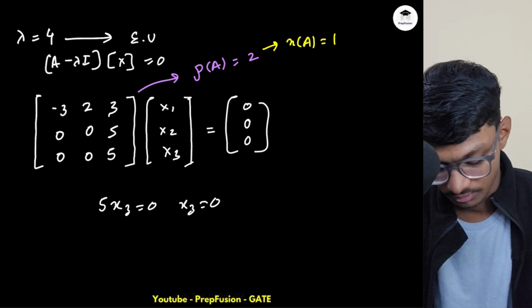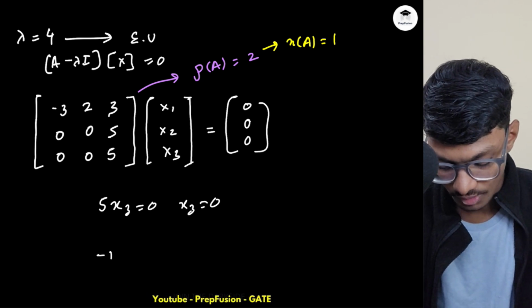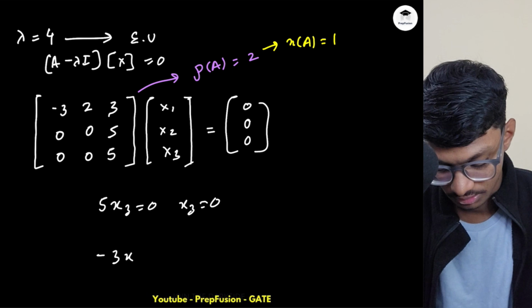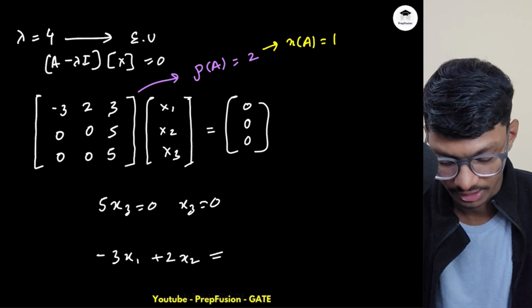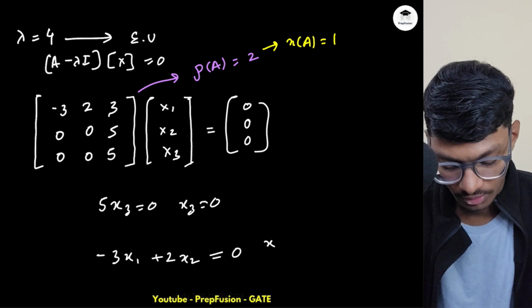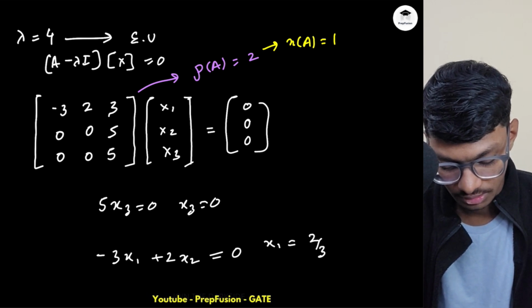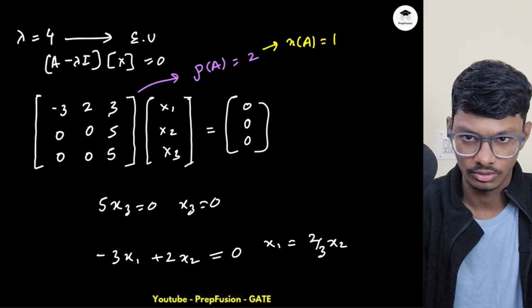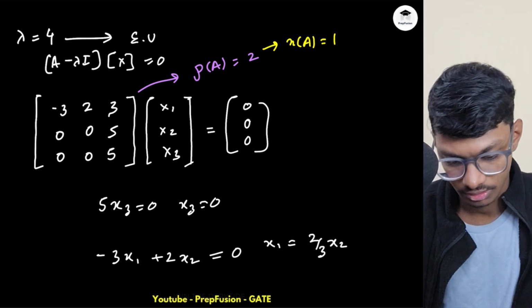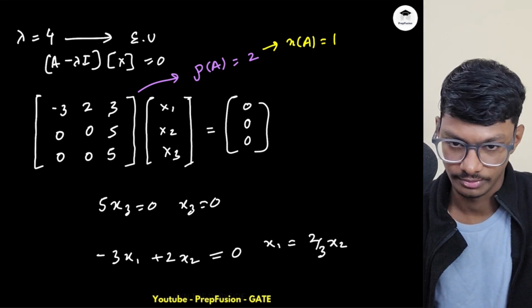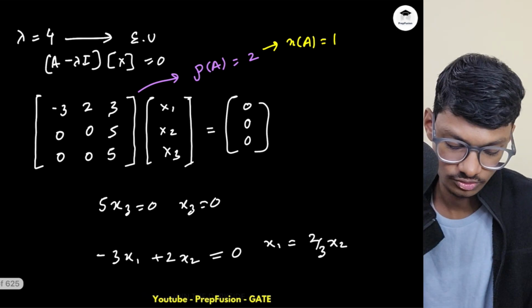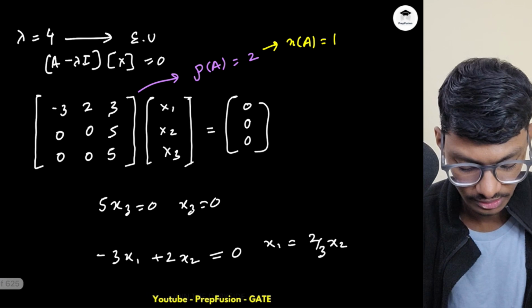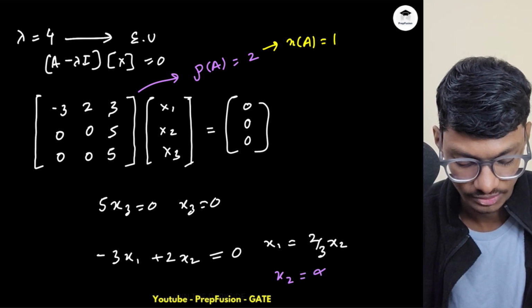Now here, minus 3x1 plus 2x2, and x3 is anyway 0, so I'm not writing it. So x1 equals 2 by 3 x2. You can choose anything; you could choose x2 equals 3 by 2 x1, whatever you want. I'm making x2 the free variable, which is alpha 2.